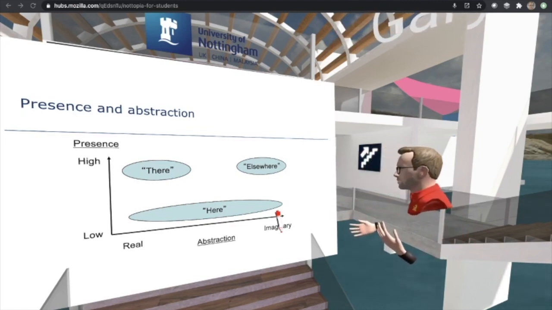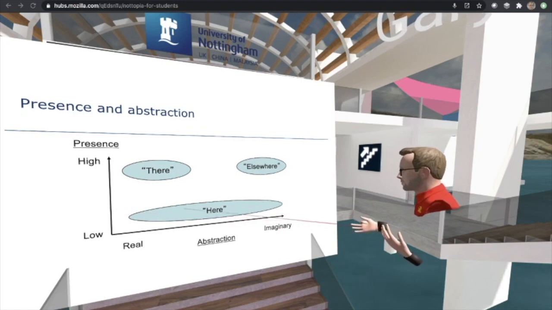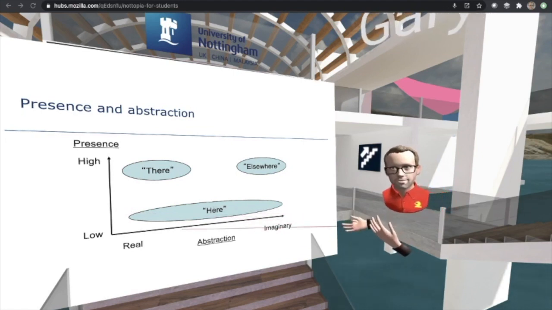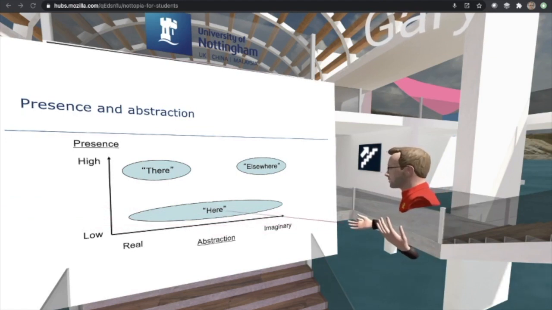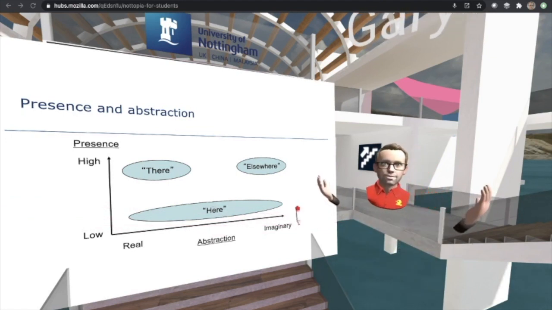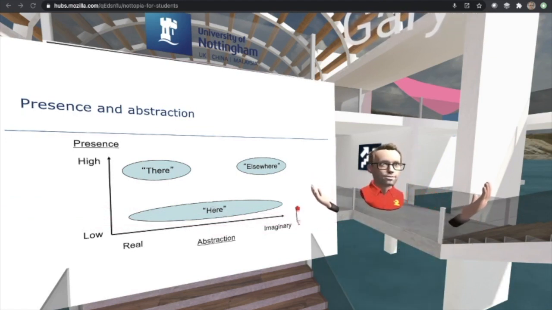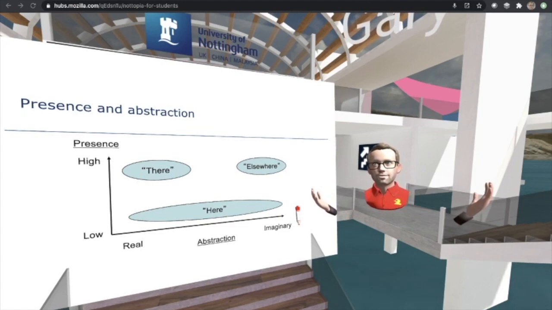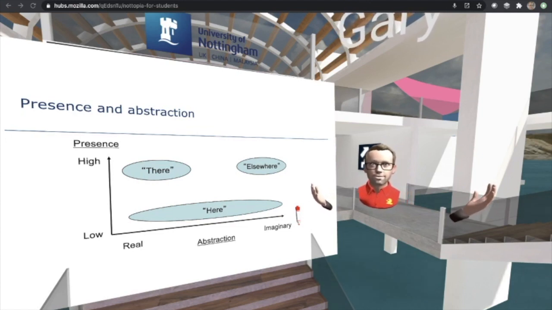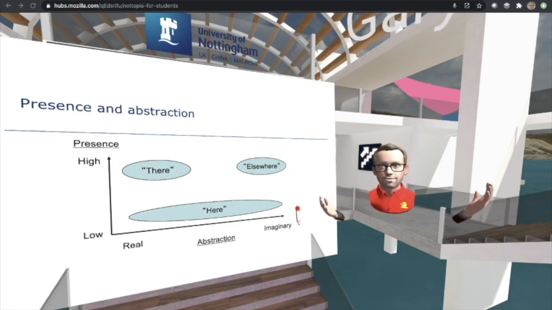So yes, if you've got low presence, you've just got this perception that I'm here. So for me at the moment, a low level of presence would be perceiving I'm just still in my office at home. I'm not in Notopia. I'm just here in my office with my desk, just next to me. So that would be the perception here.